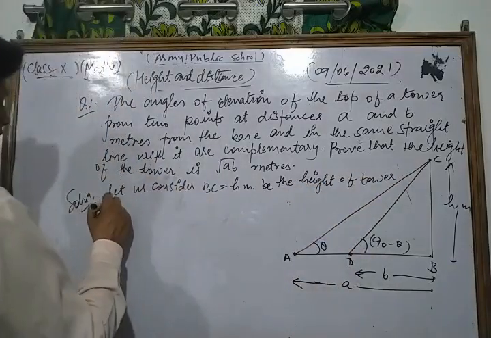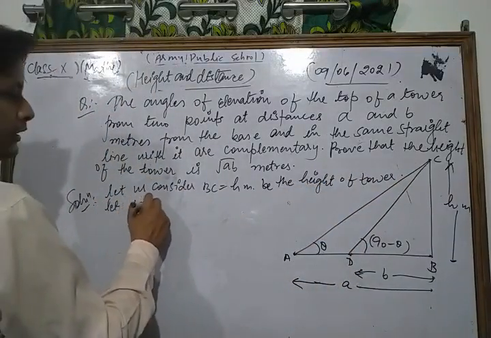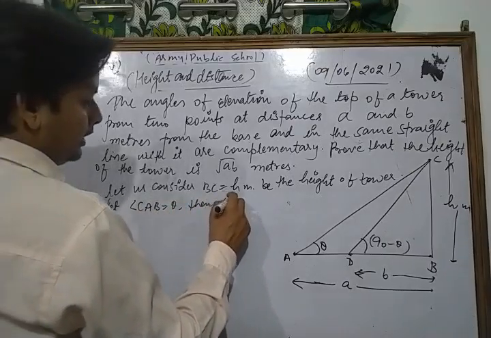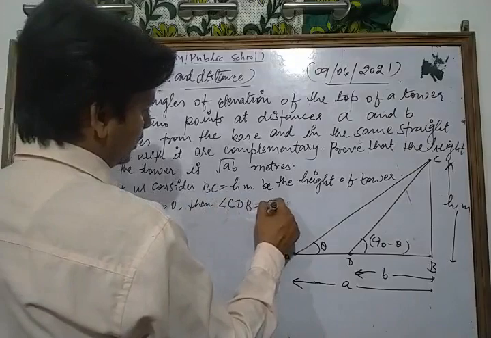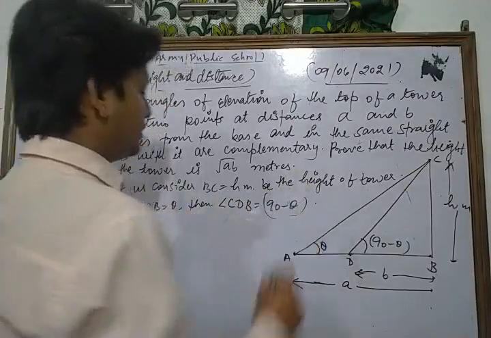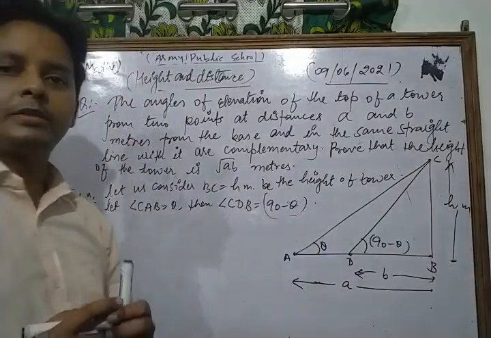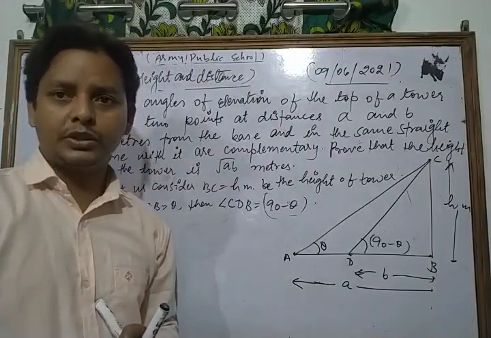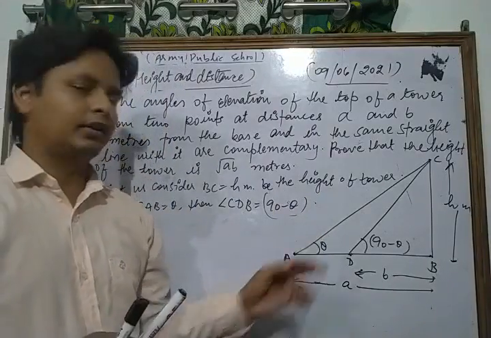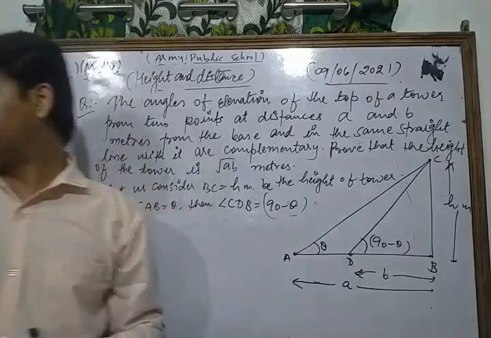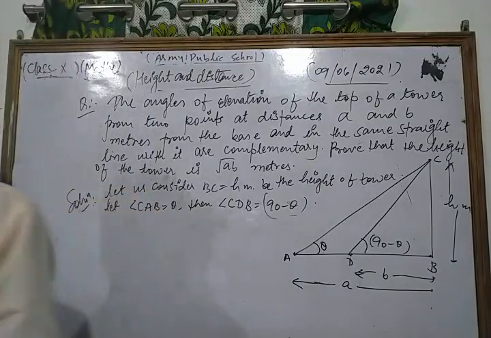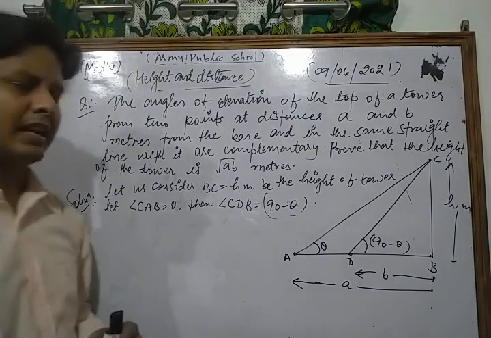Now let angle CAB be equal to theta, then angle CDB is equal to 90 minus theta. Why is the second angle 90 minus theta? Because both the angles are complementary to each other. So if we take one angle as theta, then the other one is 90 minus theta.